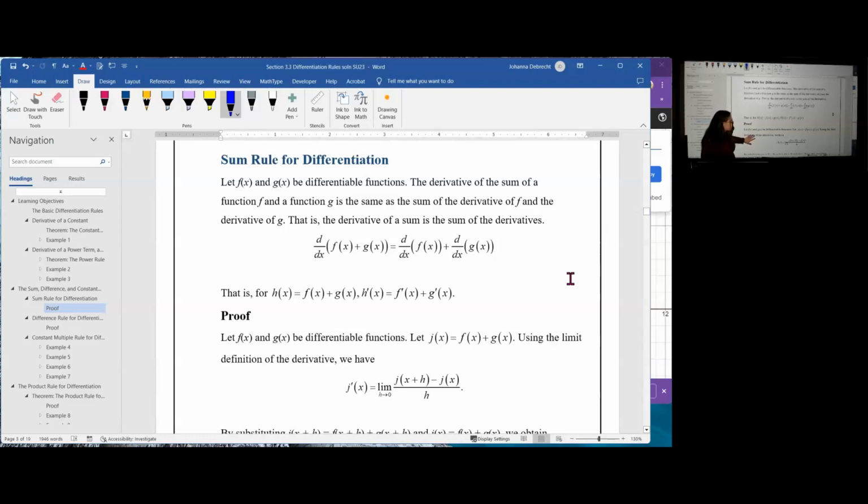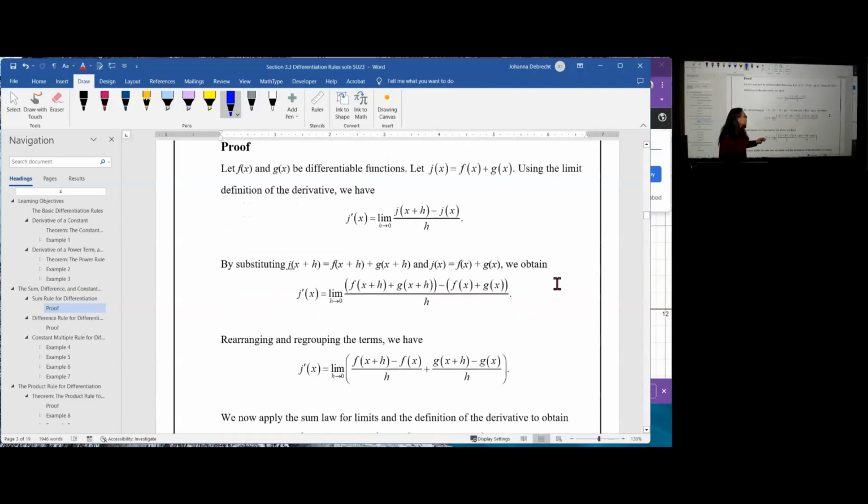We want to start with the statement of the definition of the derivative by letting j of x represent this function f of x plus g of x. We don't use h for the name here because h is used in the denominator to represent the change in x.